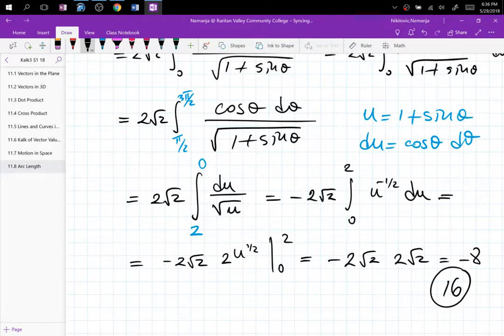Now, what else can I do? Well, the easiest way to cheat over here is to go from 3 pi over 2 to pi over 2.